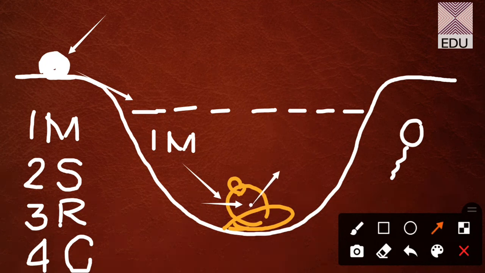So the very first form, the Miracidium, which was formed outside, goes inside the snail. The second form, the Sporocyst, the third form, the radia, and the fourth form, the Cercaria, are formed inside the snail.